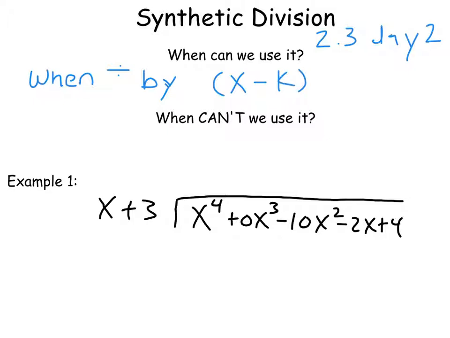If you want to refer back to that first day, examples 1, 2, and 3, I believe we had the right form. If I'm remembering those examples correctly, we could have done synthetic division. Example 4, we were dividing by a quadratic. That doesn't fit this at all.